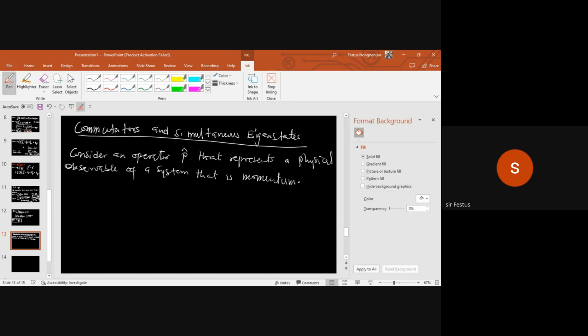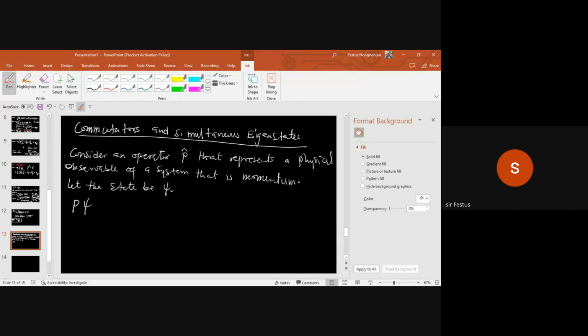Now, when you have a particular state, the state will talk about the function. So let a state be the wave function psi. Now, if you want to write this operator on the state, you can write it as P psi.